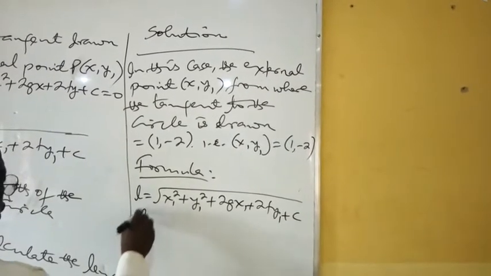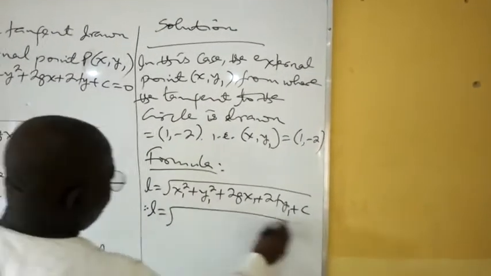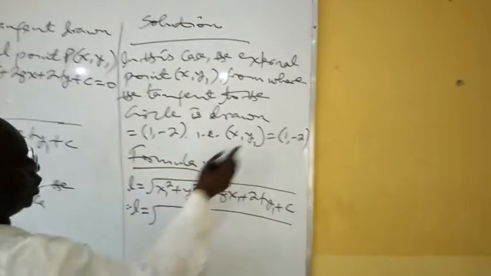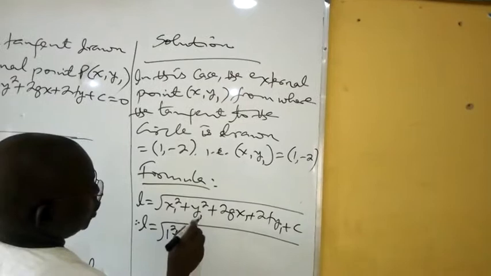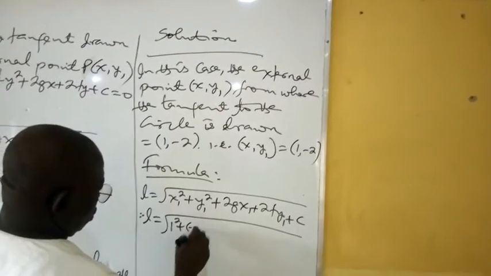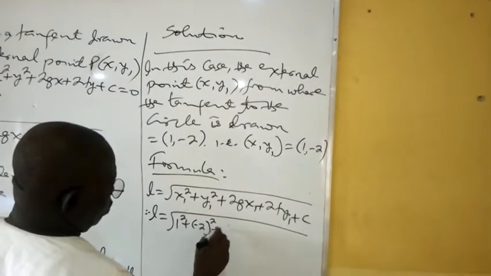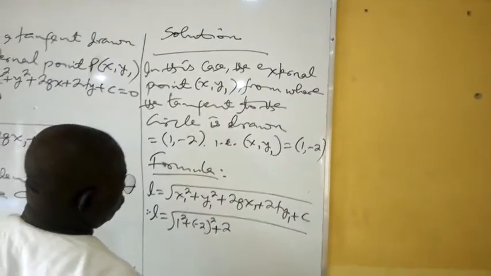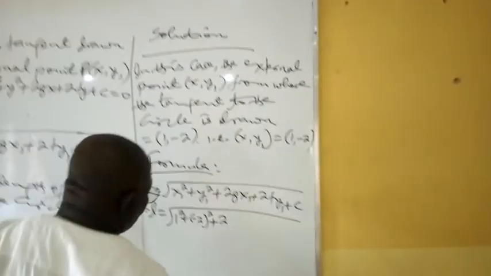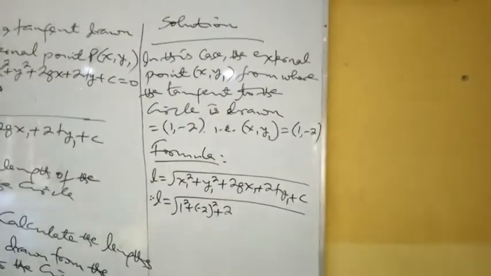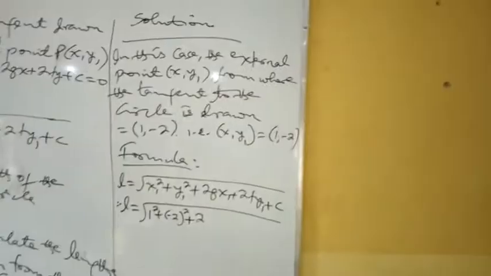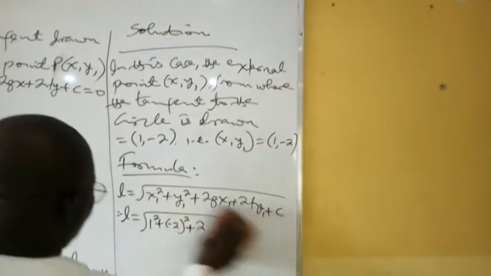So it means L is equal to the root of x1, in this case 1, squared, plus y1, in this case minus 2, plus 2. We have to find the value of g first. This is the formula.